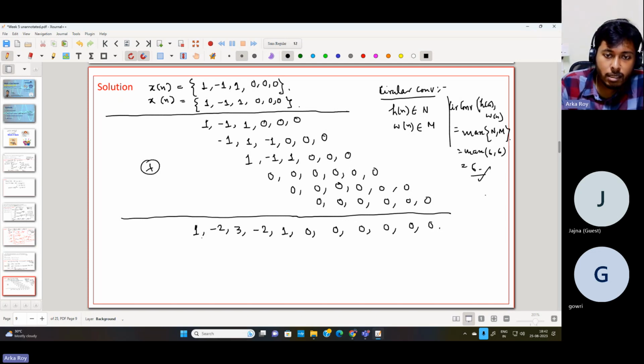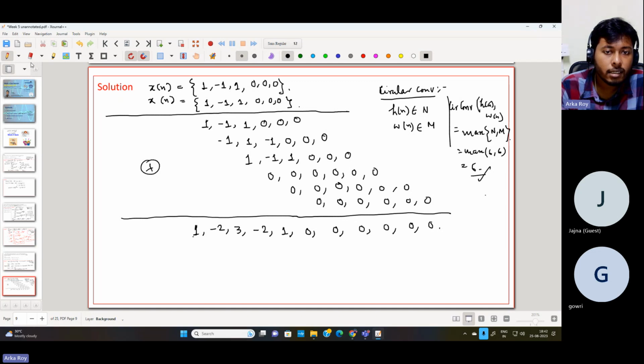Here I can see that it is exceeding 6 sample values. So what we need to do is consider from the first element and take a total of 6 elements. So 1, 2, 3, 4, 5, 6. So this much is fine.